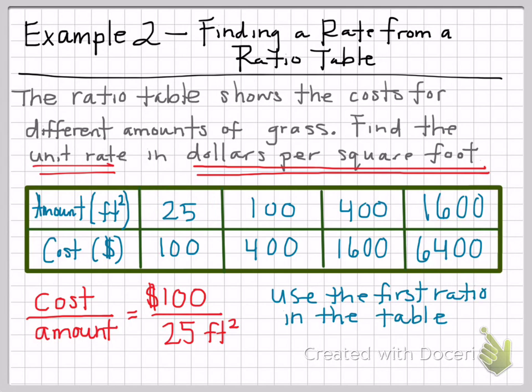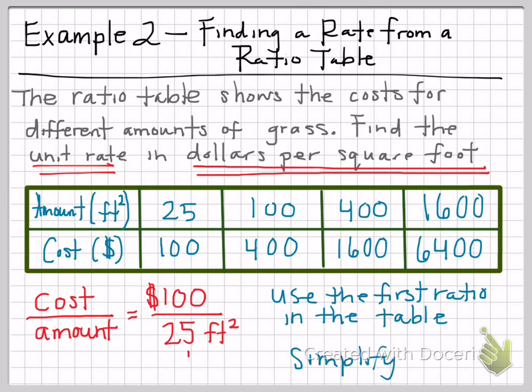Alrighty, now all you have to do is simplify. 100 over 25 is, we're going to simplify. Yikes, if my marker's working. Simplify. So that would be, what is it simplified? Do it quickly.